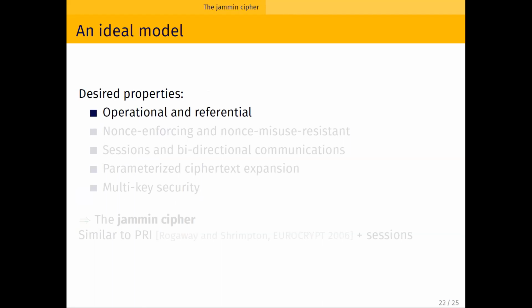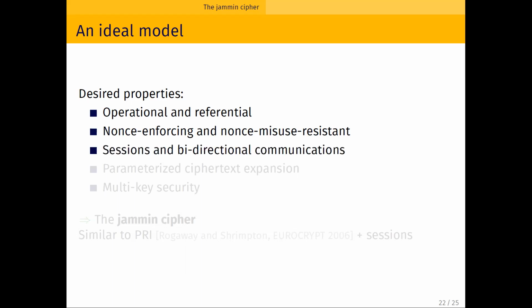So we wanted to have something that is both operational and referential. In OAE2, you have some modes that are meant for game playing, and others are meant for modeling something at the higher level. We wanted to have a single model for both non-enforcing and non-misuse resistant modes. Of course, sessions, bidirectional communications, parameterized ciphertext expansion, and multi-key support.